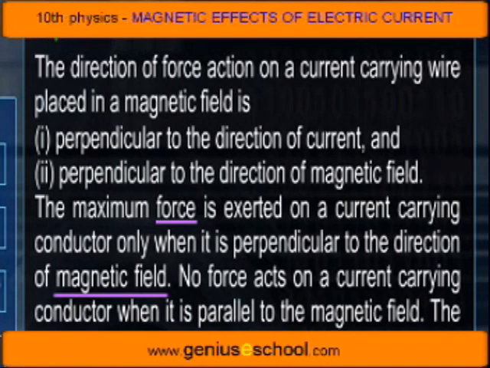The maximum force is exerted on a current carrying conductor only when it is perpendicular to the direction of magnetic field. No force acts on a current carrying conductor when it is parallel to the magnetic field.